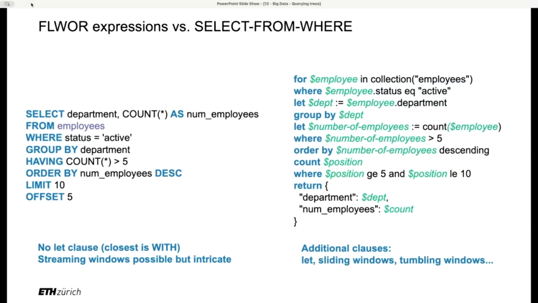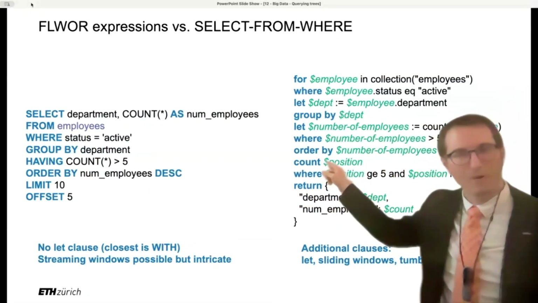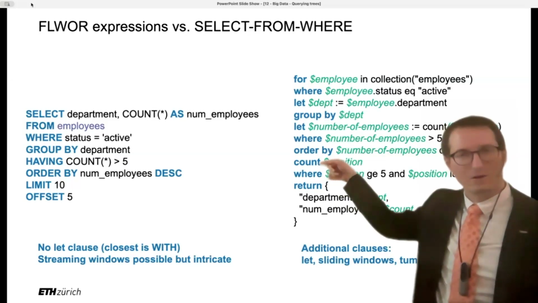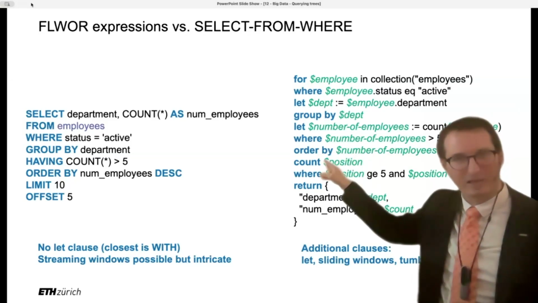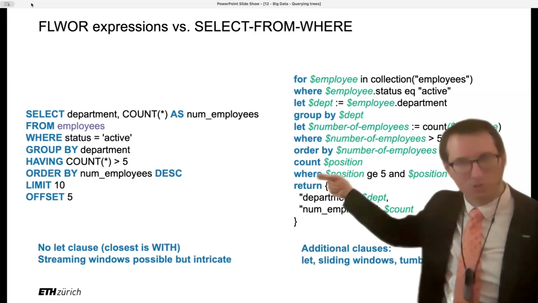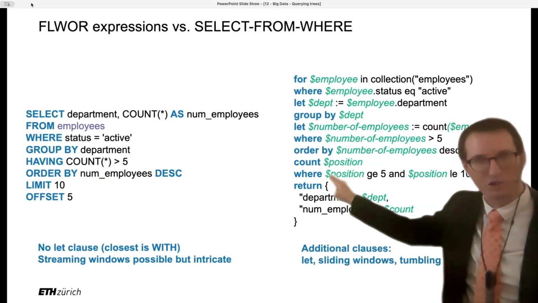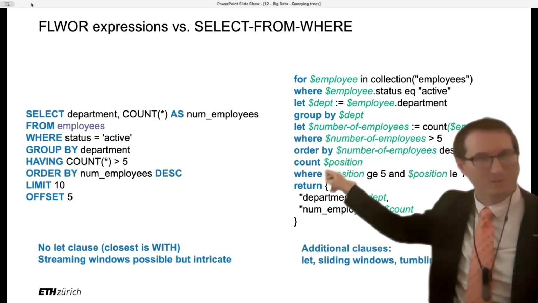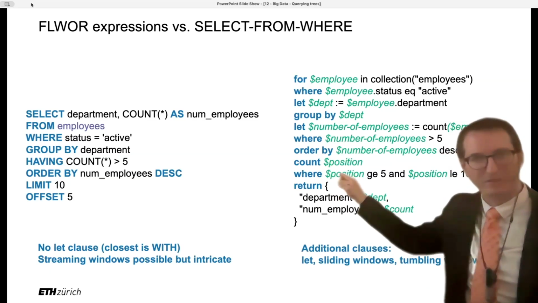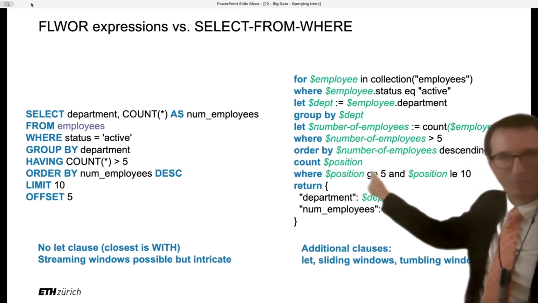So we have others, such as the count clause. The count clause is just assigning a variable depending on the position. I will tell you more about the mechanics later, but the first time it's 1 and then it's 2 and then it's 3. So in the end, you have the position where you are at in the output you're generating. And then you can filter based on that position.